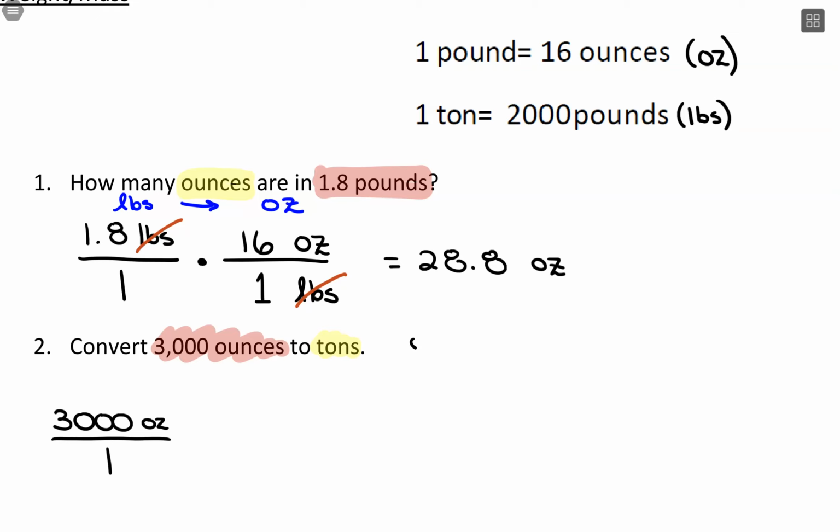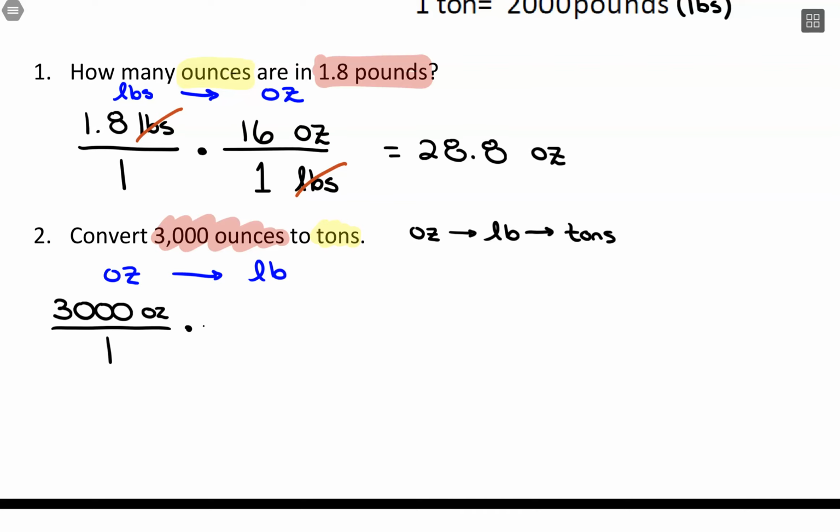So we're going to start at ounces, we're going to go to pounds, and then convert to tons. So starting with ounces, my first step, I'm going to convert to pounds. So to do that, we want pounds, and I want to get rid of ounces. And then the relationship goes 16 ounces to 1 pound.